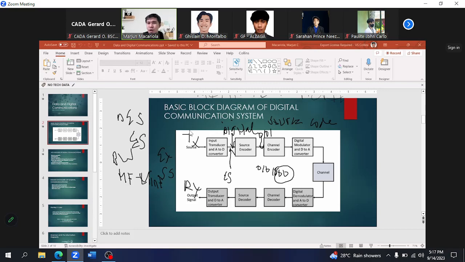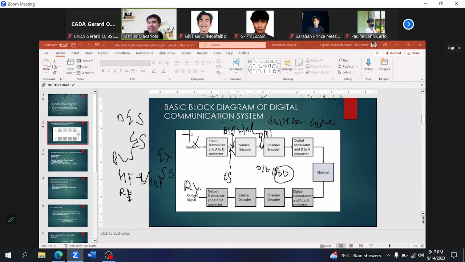So, it can also be defined as range of frequencies. Range of frequencies na pwedeng pumasok sa transmission line or in networking, it can be defined as a range of memory data.